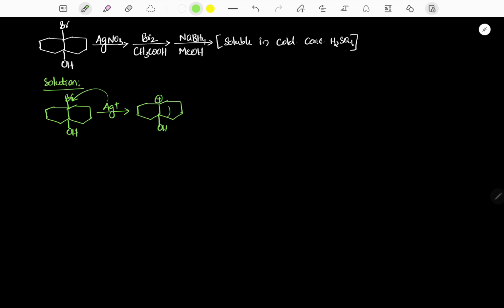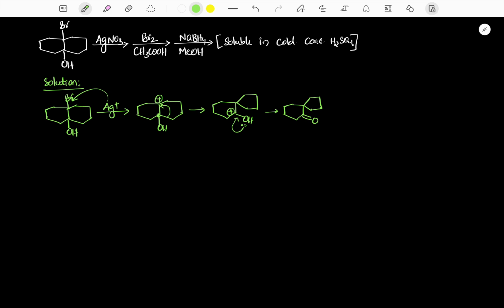Now it undergoes ring contraction, because if this carbon gets positive charge, lone pair octet is possible. Therefore the corresponding structure after ring contraction is like this: 6-membered ring contracted to 5-membered ring. Now the lone pair participates in the resonance and we remove the proton. Finally the corresponding product is a ketone.